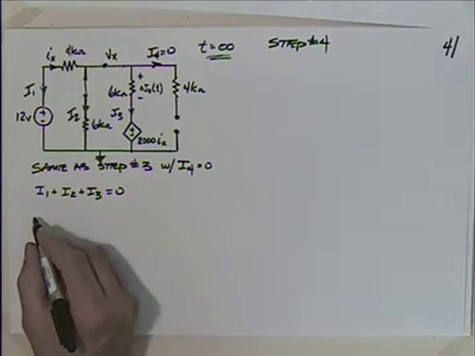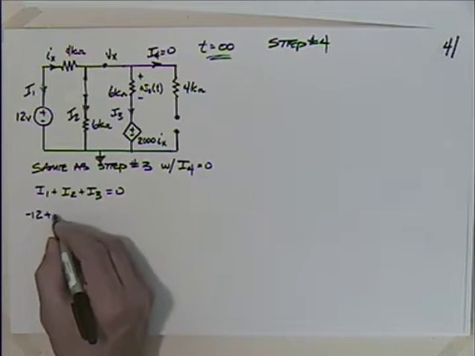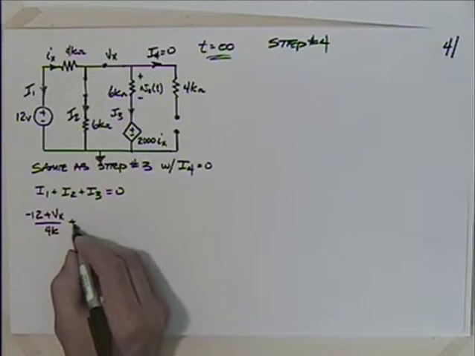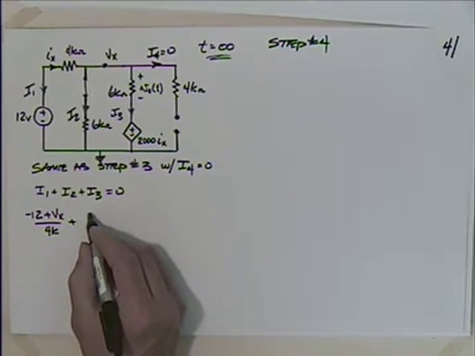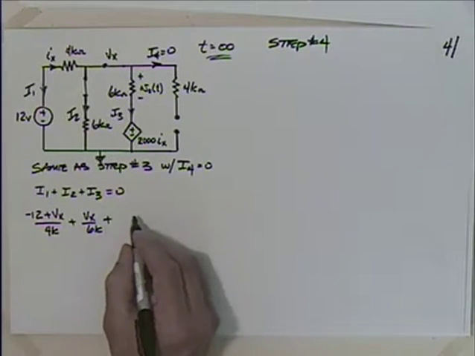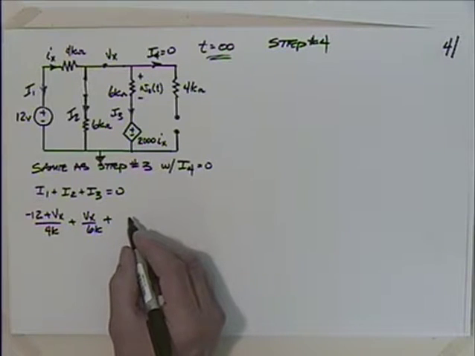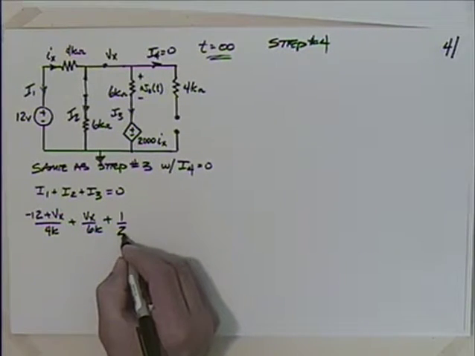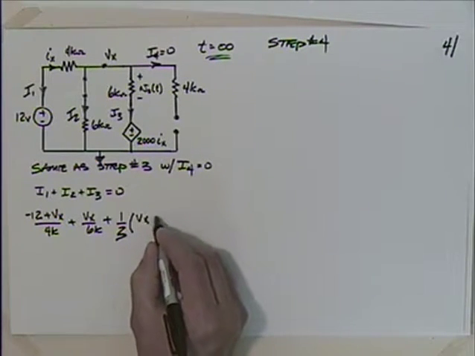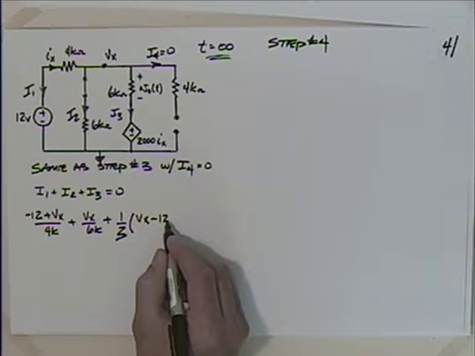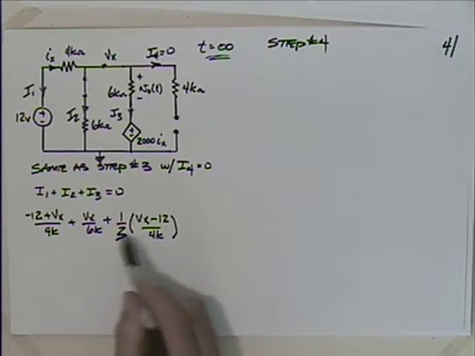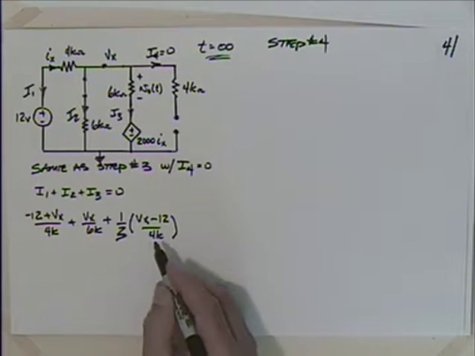So I look at my substitution. I had minus 12 plus Vx over 4k plus Vx over 6k plus, what do I have? I'm just going to say that this is a third, and then Vx minus 12 over 4k. Make that substitution that we did a little bit earlier there.